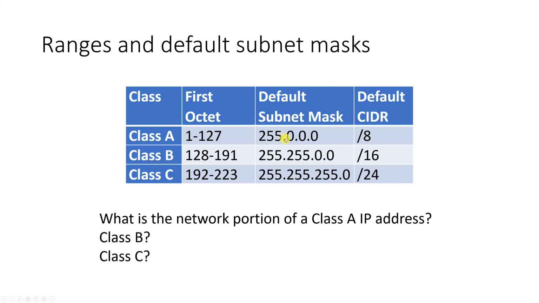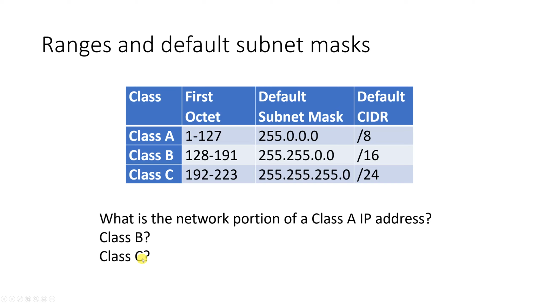There are 8 ones, so only the first 8 binary digits of the IP address are going to be part of the network portion. So it's just the first octet. It's that simple. So the network portion here is just the first octet.